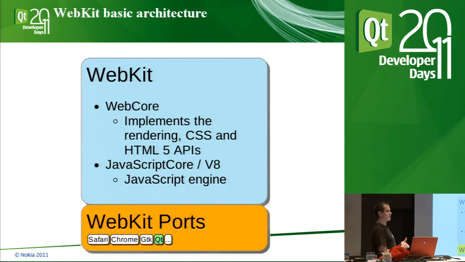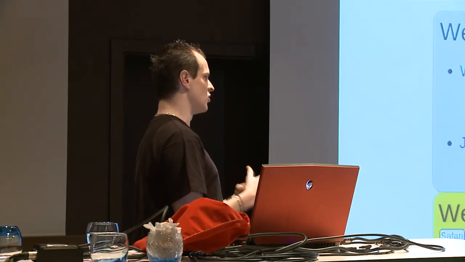It also manages the CSS for you and all the related stuff like SVG and so on. And also you find the so-called HTML5 APIs, to make the HTML5 stuff work, basically. And then you have another, smaller piece, which is the JavaScript engine.